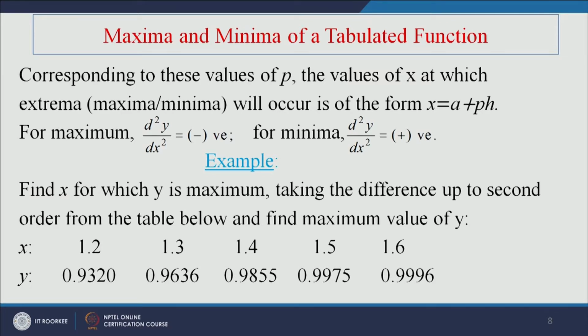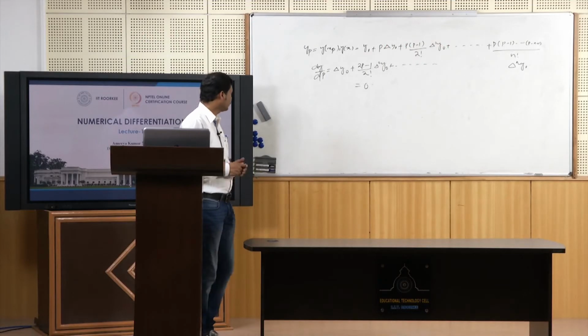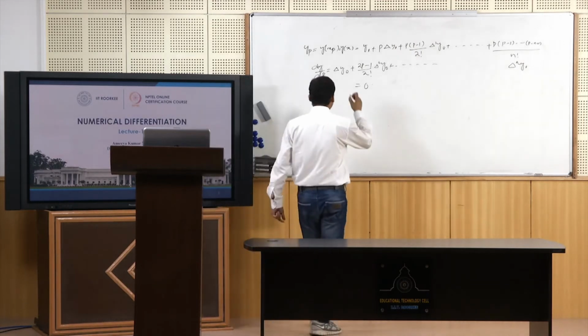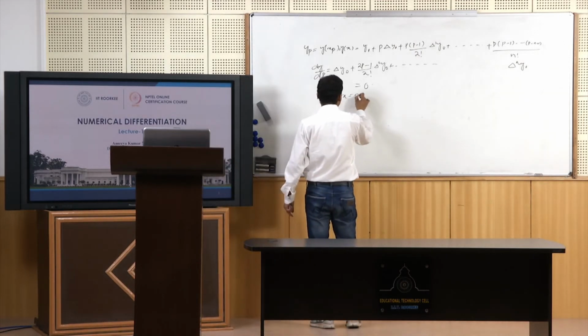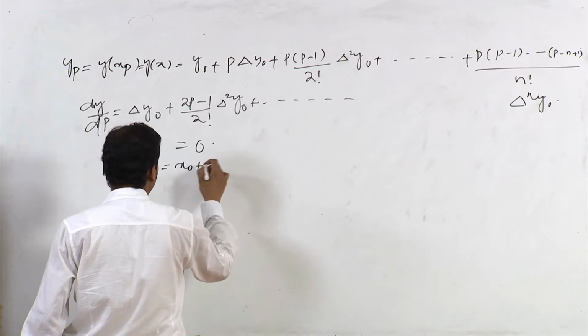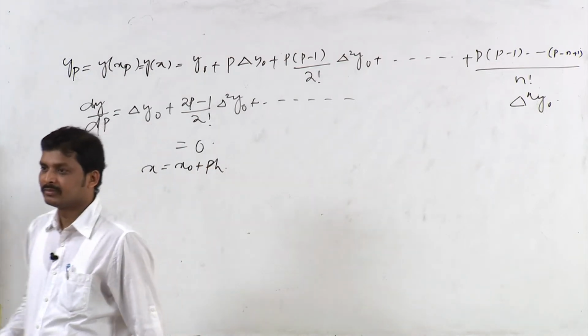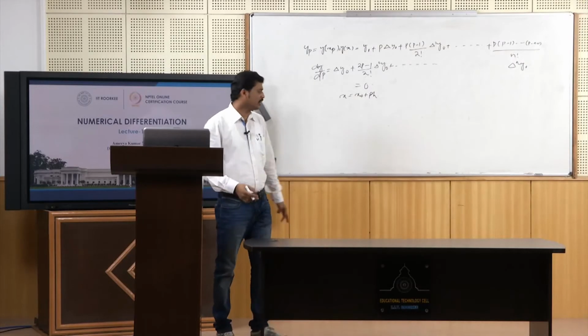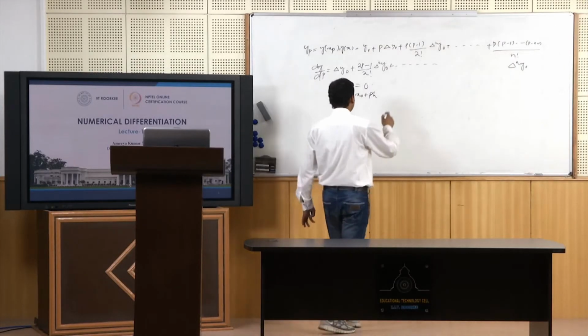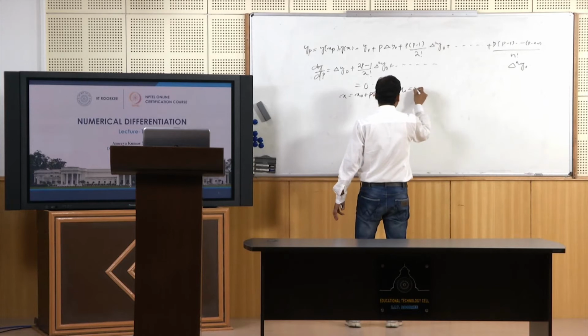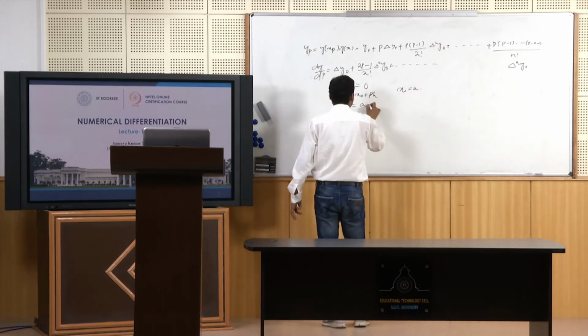And once we have these values of p, we can obtain the value of x at that point, since usually x can be written in the form x equals x0 plus ph. Or for convenience, if x0 equals a is a particular value, then we can write this as a plus ph.